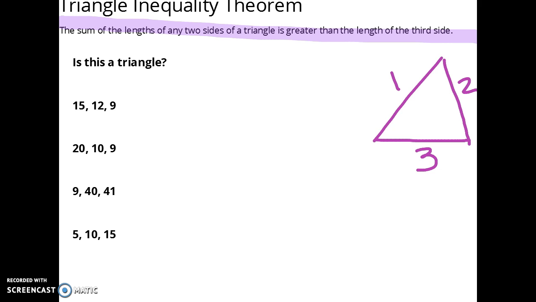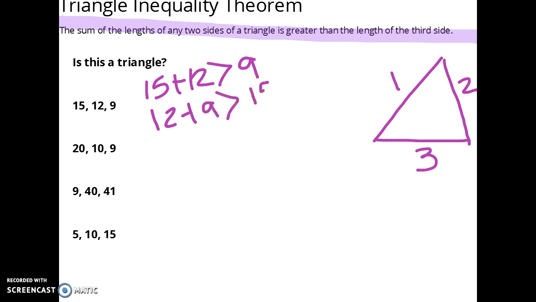So 15 plus 12 has to be greater than 9. 12 plus 9 must be greater than 15, and 9 plus 15 must be greater than 12. All three statements must be true in order for this to be a triangle.